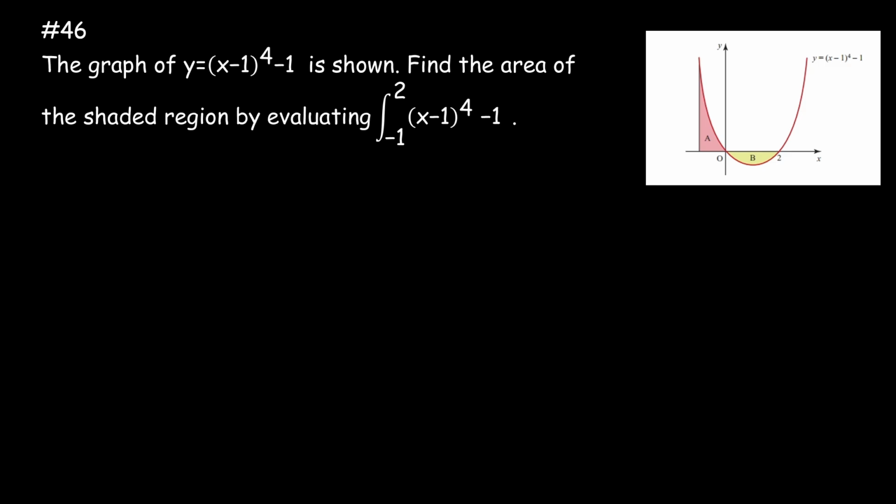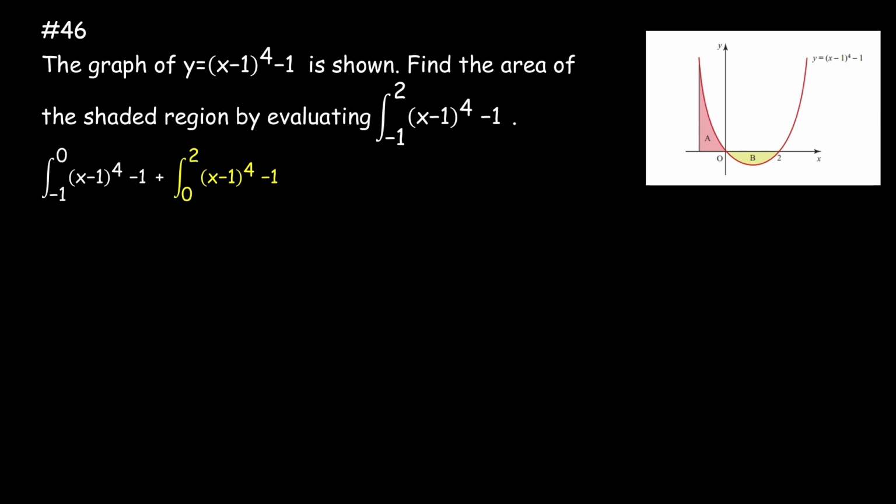When we integrate the section B part, we need to find the absolute value of the function because it's going to give us a negative value. So in that case, this would be the integral from negative 1 to 0 of the function plus the integral from 0 to 2 of the same function.